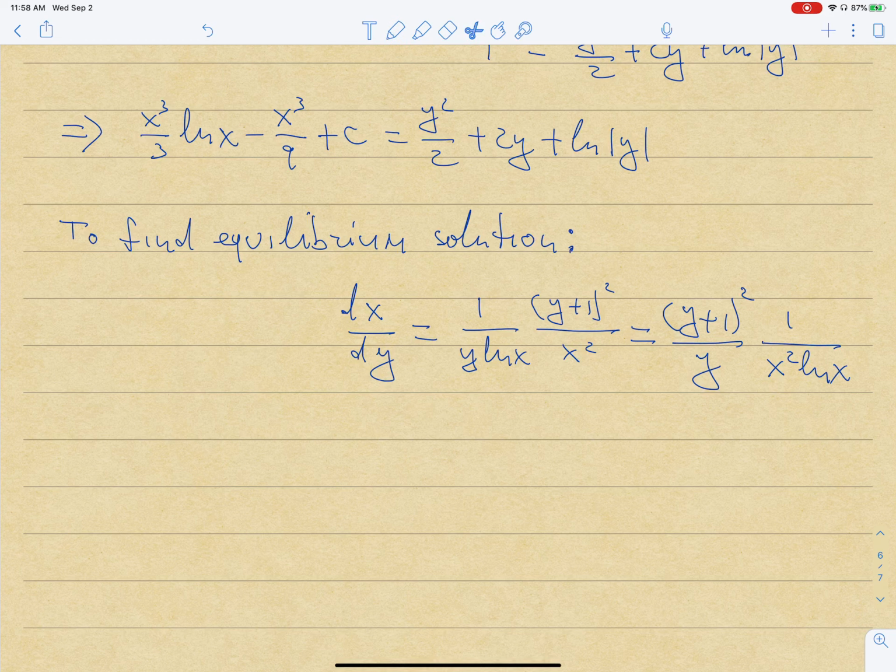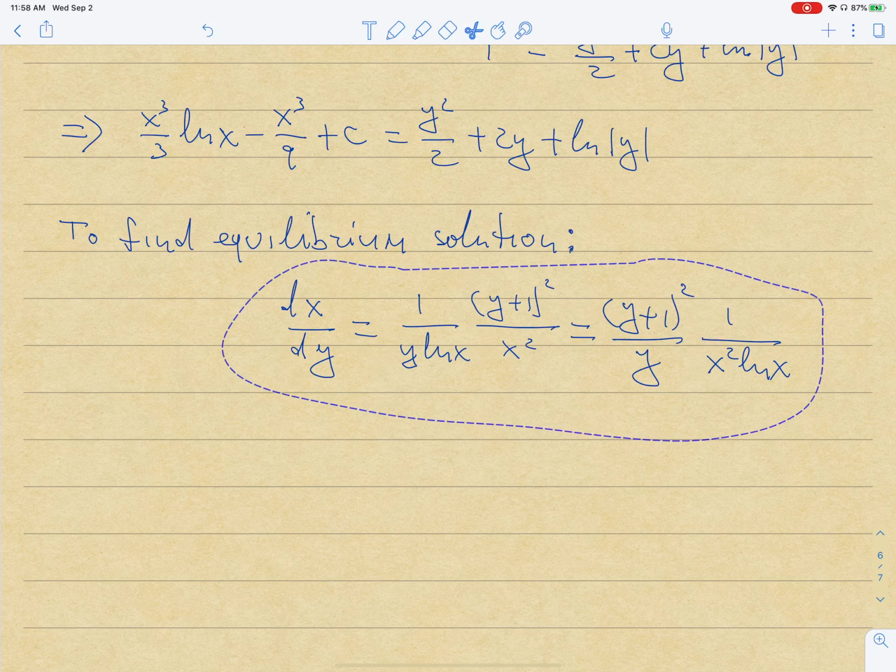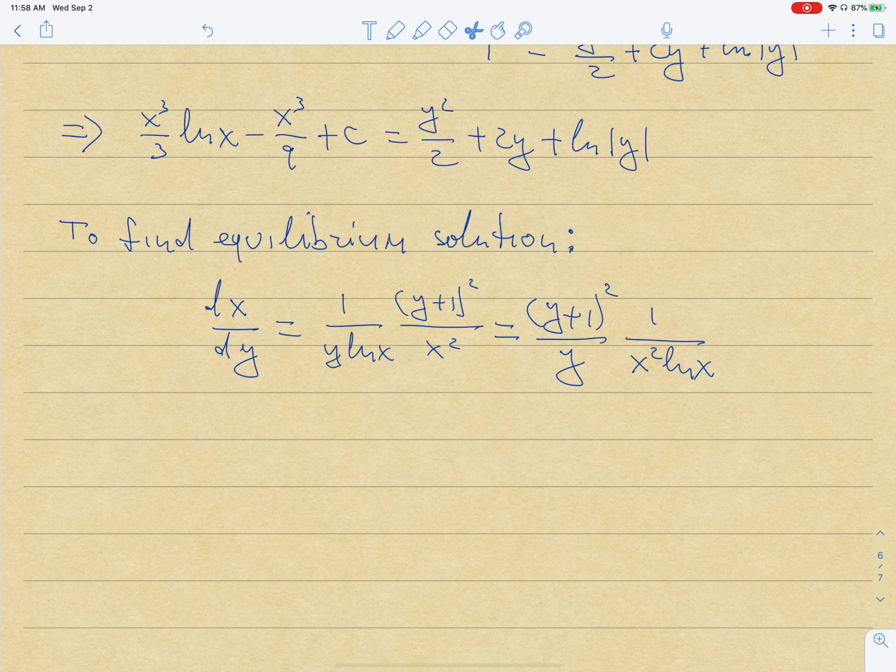If I solve this as a function x of y, then I need to set 1 over x squared ln x to be 0. And 1 over x squared ln x is never going to be 0.